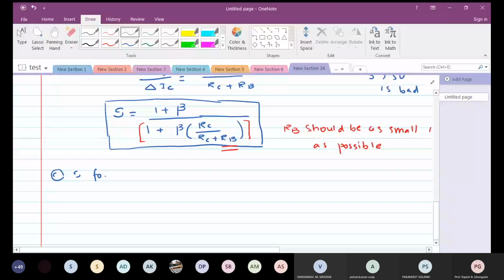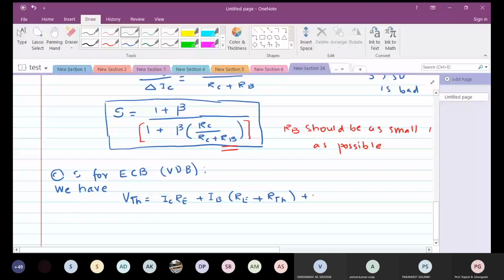Next, we will see S for the last circuit, that is the emitter current bias, or also called voltage divider bias. Remember, we have already derived this equation: VTH is equal to IC into RE plus IB into RE plus RTH, plus VBE.